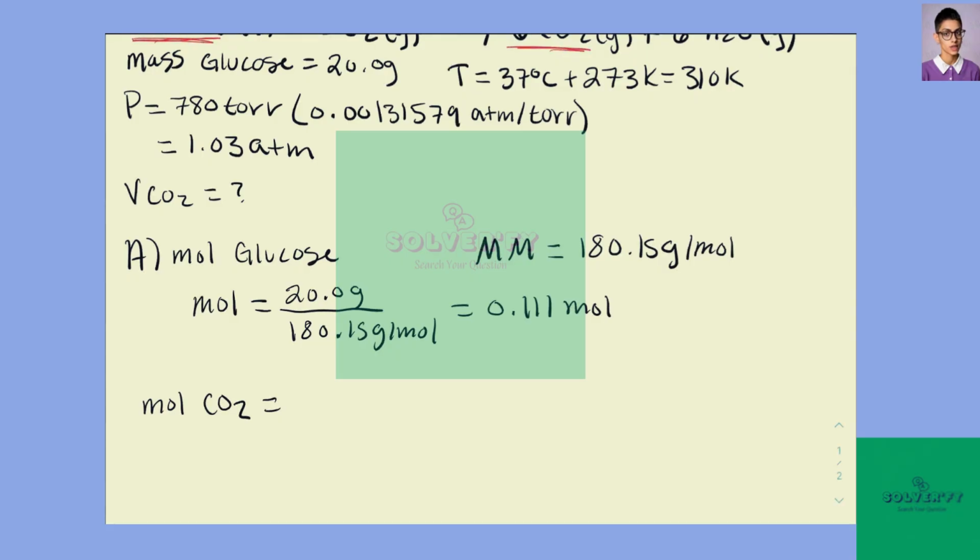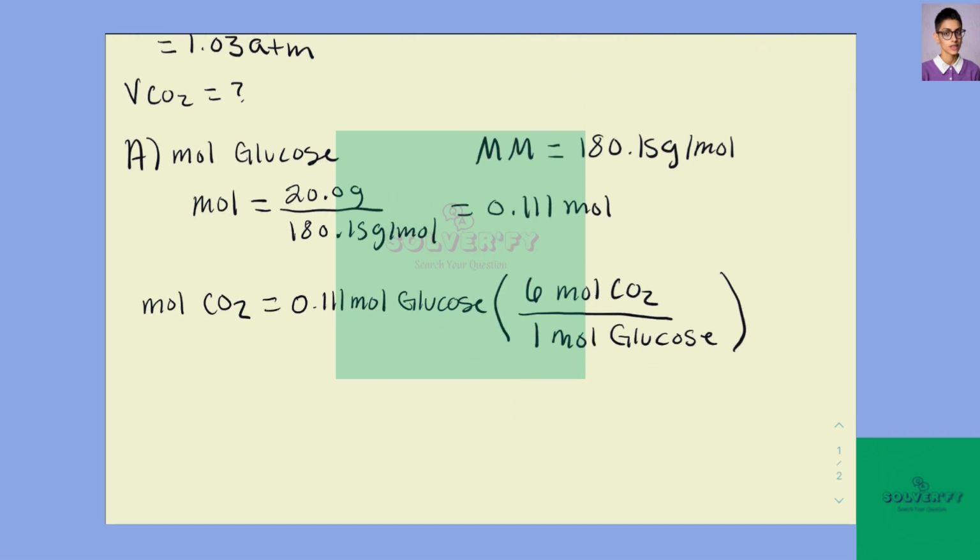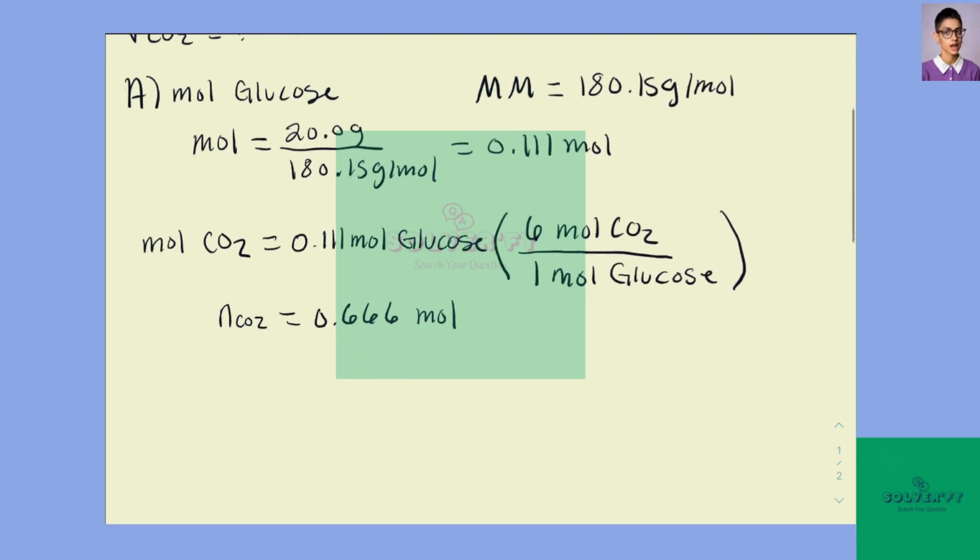So we're going to take the moles of glucose, 0.111 moles, and multiply that by 6 moles of CO2 divided by 1 mole of glucose. Okay, so our moles of CO2 is equal to 0.666 moles.